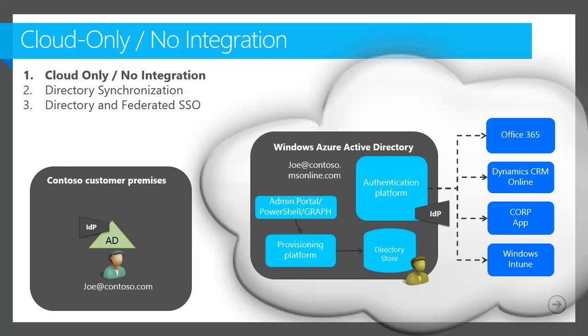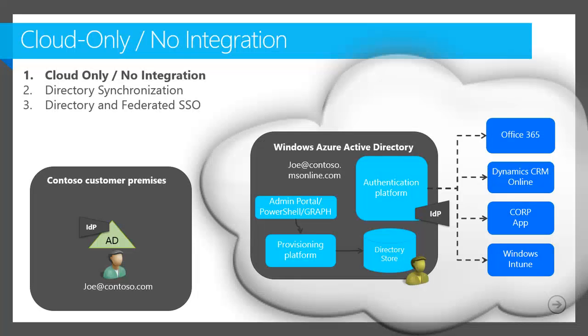There's really no synchronization going on, even though you may fake it, so to speak. The best faking you could do is have the same username and the same password, and put those into Windows Azure AD manually or through automation. But it's still a very manual effort, very disconnected. There's not really synchronization going on.